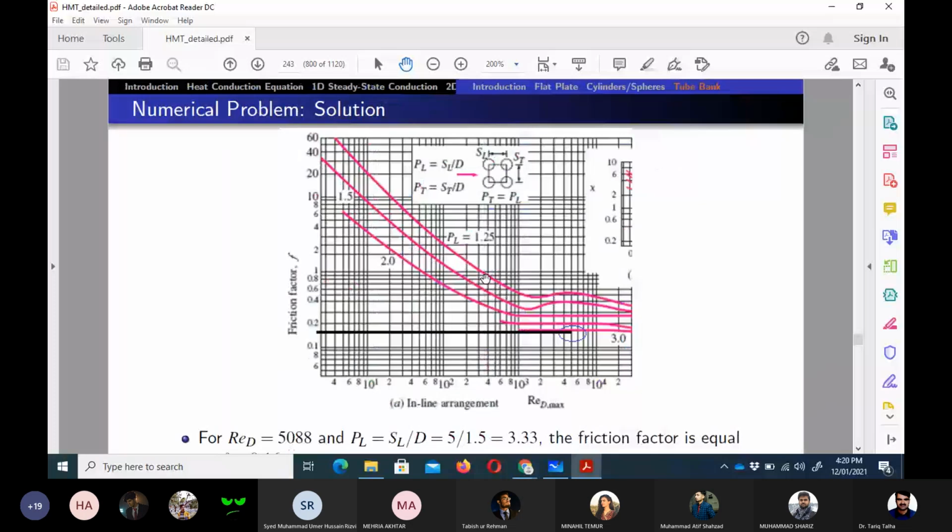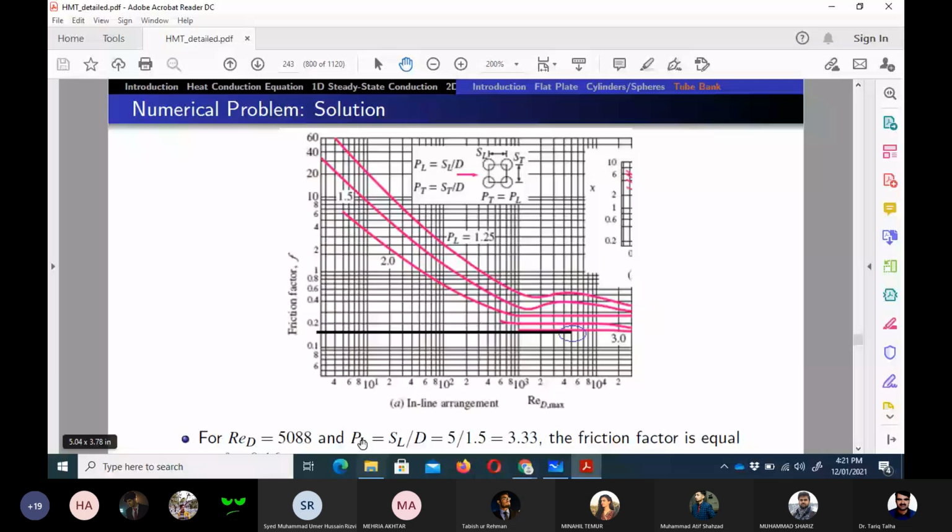It was 5091, so roughly 5000. We go in the vertical direction from 5000, and for this case PL is equal to SL upon D, which is 3.33.